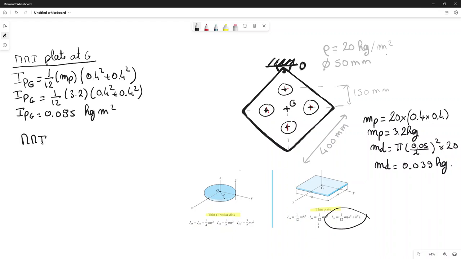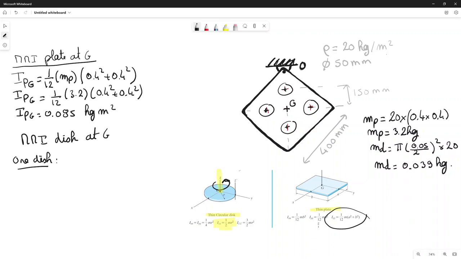Now the MMI of the disk at G. Okay, first I will find it for one disk. That will be the mass moment of inertia about the axis Z, so this one. That will be 1/2 of m r squared.